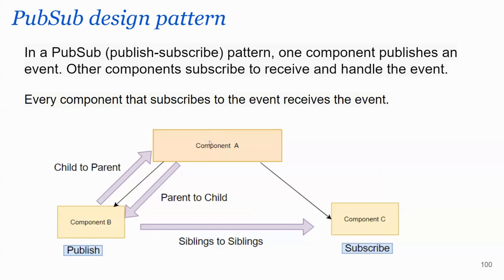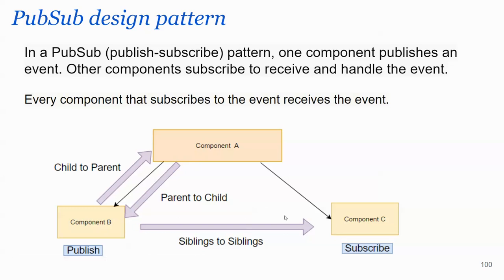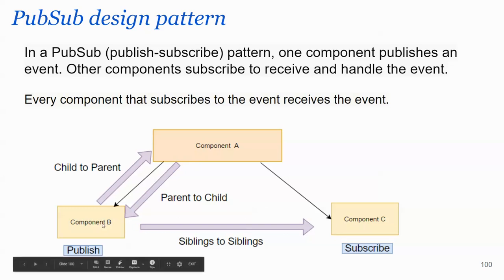If you look at this diagram, we have component A that has two children, component B and component C. I want communication from component B to C. If component B publishes something and the same name is listened to, or subscribed to, by component C, then as soon as component B publishes, component C listens, the event is triggered, and based on that event it will do whatever functionality you want.